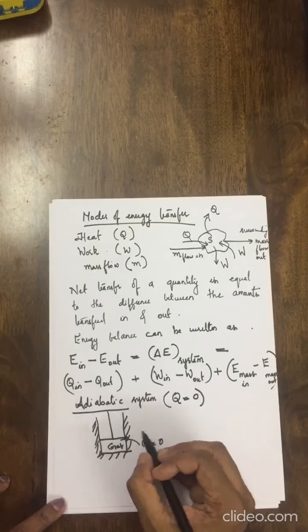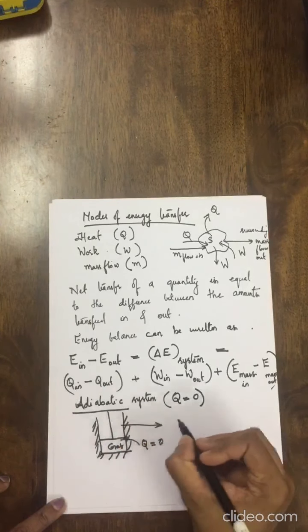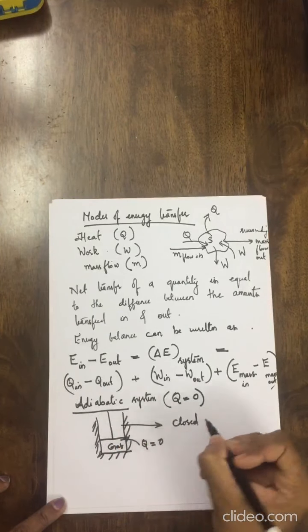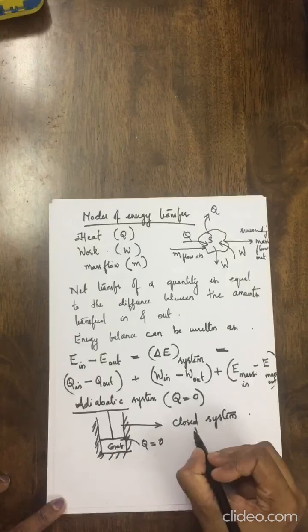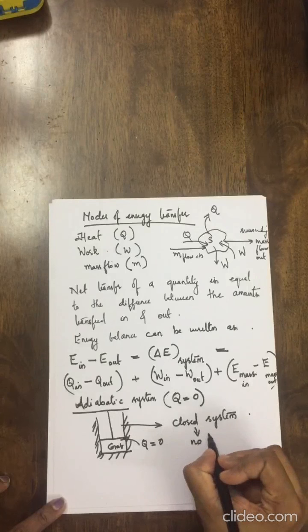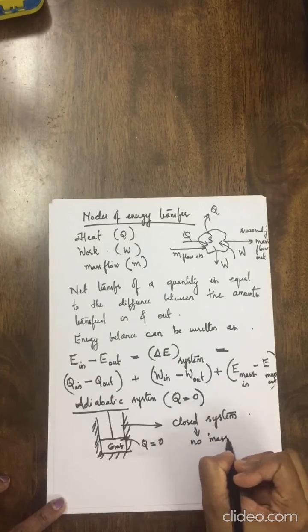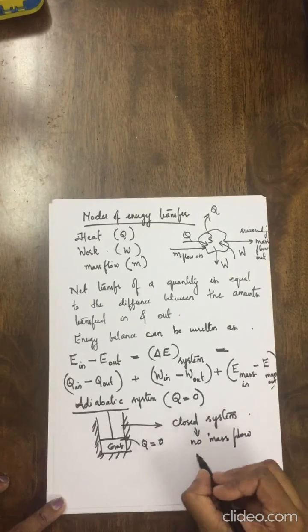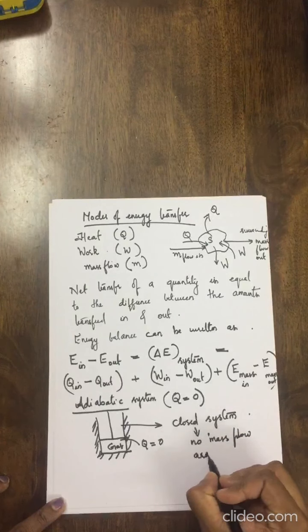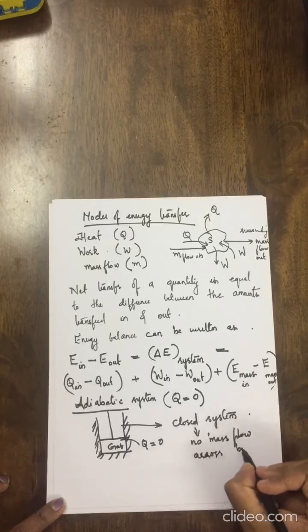Now consider a closed system, where there is no mass flow between the system and surroundings. In case of a closed system, no mass flows across the boundary.